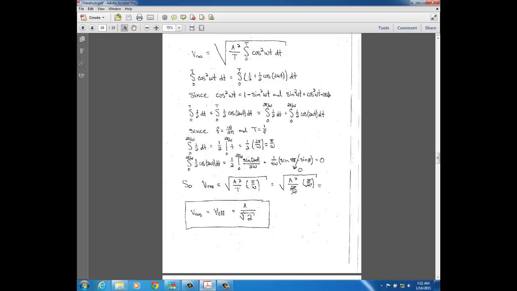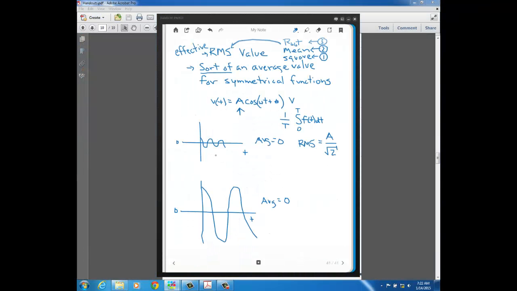You go through all this work, and here's the key result. Now, if I have this small cosine, and say the peak value is 1 volt, and in this waveform the peak value is 10 volts, again peak being from the center point up to one of the peaks, so this distance right here.